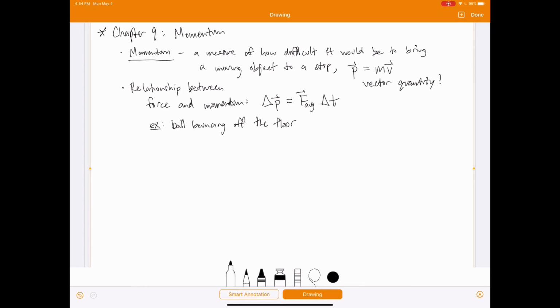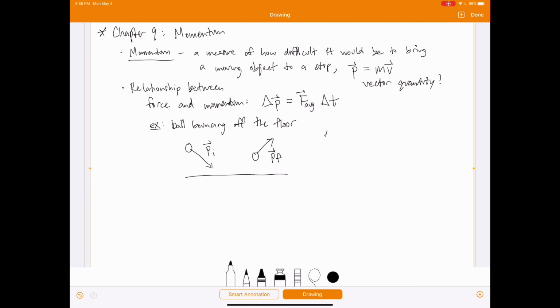Okay, so the ball comes in moving something like this. It hits the floor. And then after it hits the floor, it's moving off in another direction. Okay, so the momentum initial is right there. That's P initial. That is the momentum before it hit the floor. This would be P final, the momentum of our ball after it hit the floor.